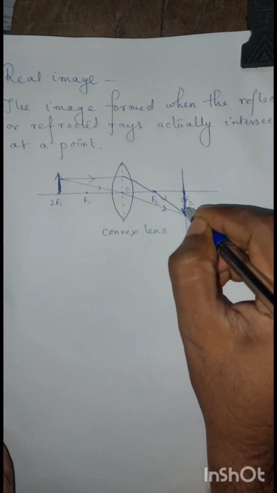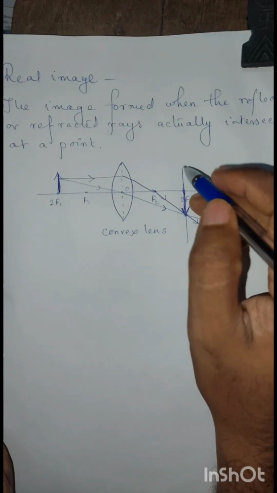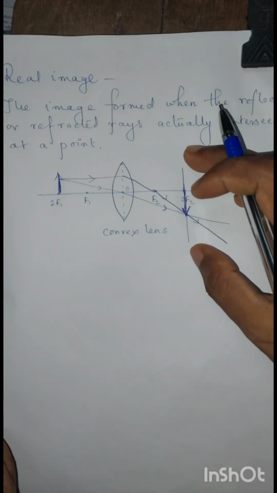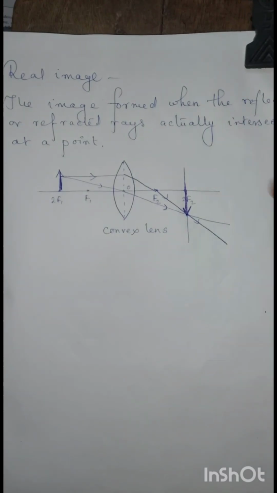The inverted arrow is the image, and if we put a screen, it will capture the image.